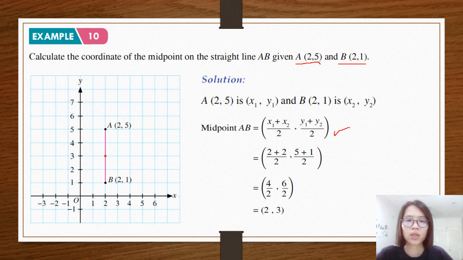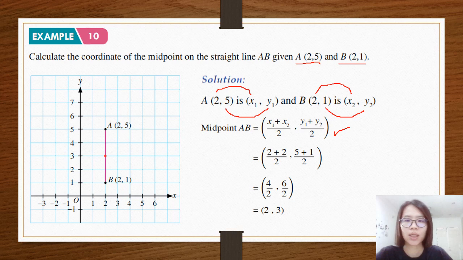So for the coordinates of point A, we represent it with 2 as x1, 5 as y1. While for point B, the coordinates are represented by 2 as x2, 1 as y2.